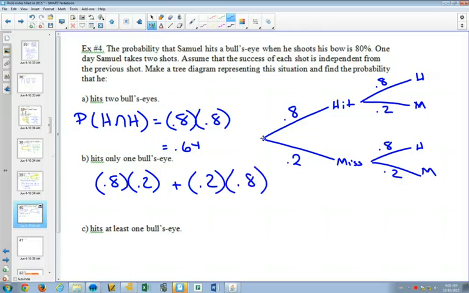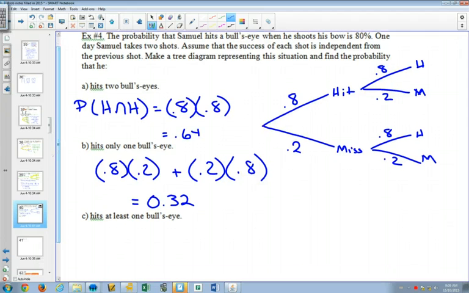So you see that there's 2 cases of only hitting once. And this is what, if you don't draw the tree diagram, sometimes you just think of. Well, we get 0.16 plus 0.16, 0.32 chance of that.